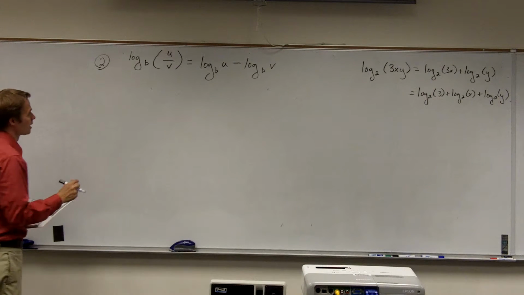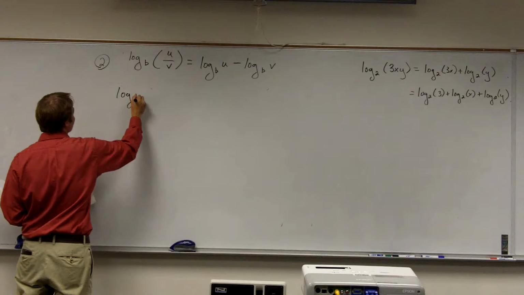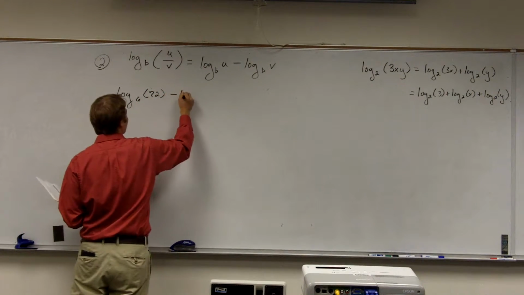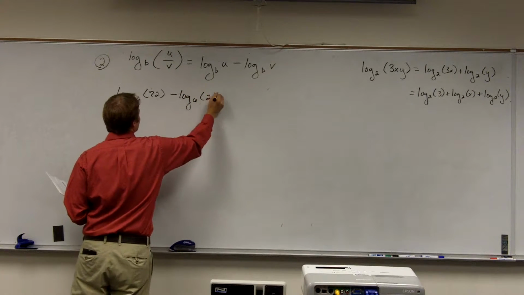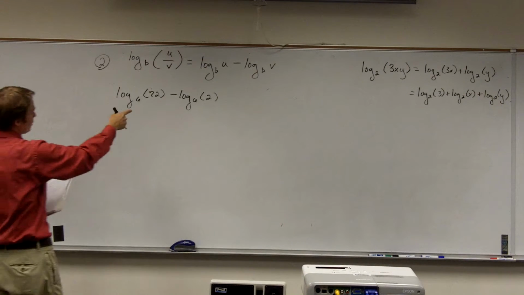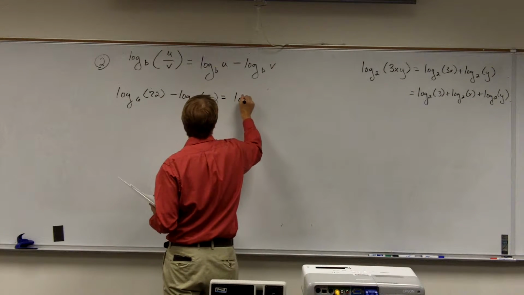So kind of a similar example as before, if you have two unknown logarithms that you don't know individually, but maybe if you combine them together, you can figure them out. So I don't know what log base 6 of 72 is, or what power to raise 6 to get 72. I don't know what power I should raise 6 to get 2, but I know that I can actually put these together.